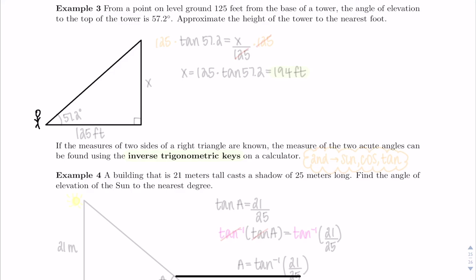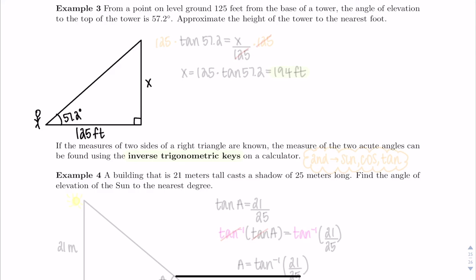This angle that's by us is 57.2 degrees. We want to know the height of the tower. We are also 125 feet from the tower.